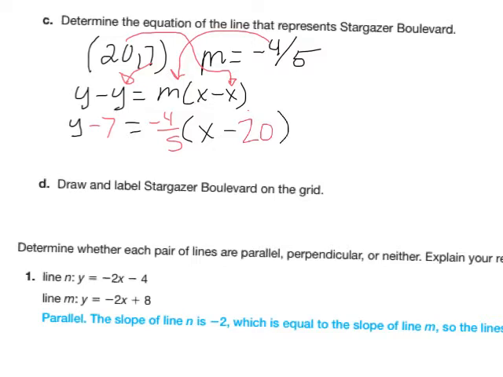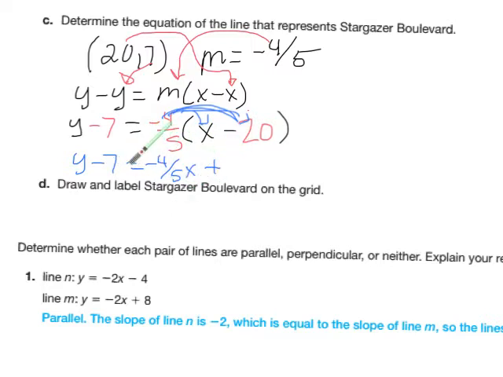All right, so those are the three numbers I substitute in the formula, and then I just distribute to both of the things in the parentheses. Rewrite your new equation: y minus 7 is negative 4/5 x. Now here, negative times negative is positive, so you've got to put a plus.